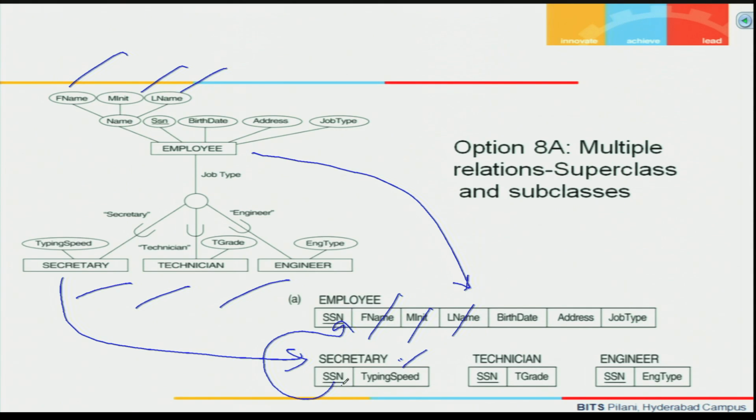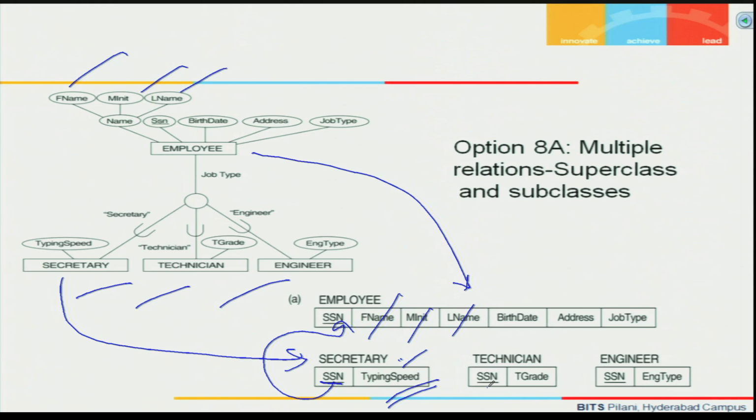That is why I have included the SSN as an attribute and made it a foreign key, which will point to the SSN of the employee table. And this is the key. This SSN is also working as the primary key for the secretary table, and the attribute which is specific to the secretary subclass has been included as a regular attribute of this relation.